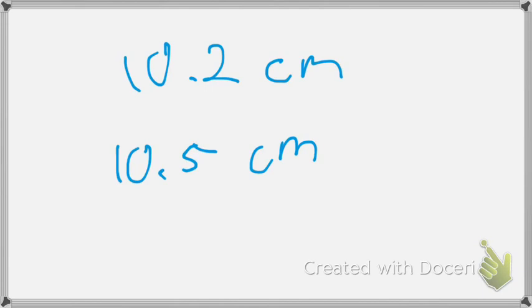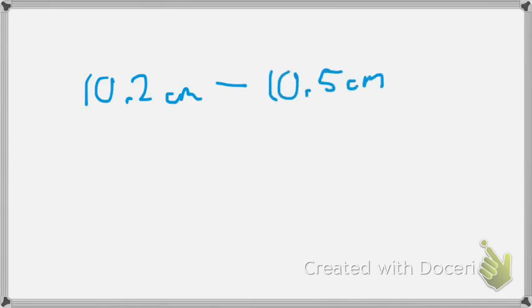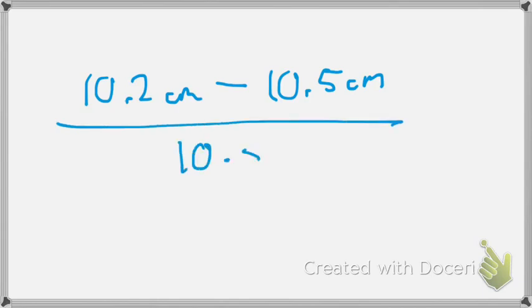So you're going to use that formula I just gave you: take the value you measured, 10.2 centimeters, minus the value I gave you, telling you that was the correct value, 10.5 centimeters. Then you're going to divide it by that accepted value again, 10.5 centimeters, and multiply that whole number by 100.